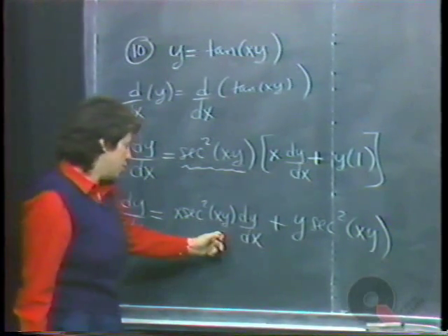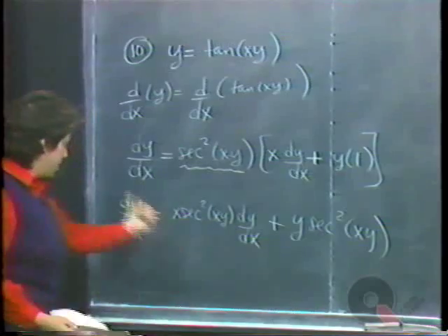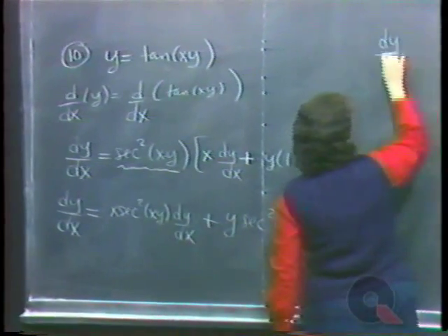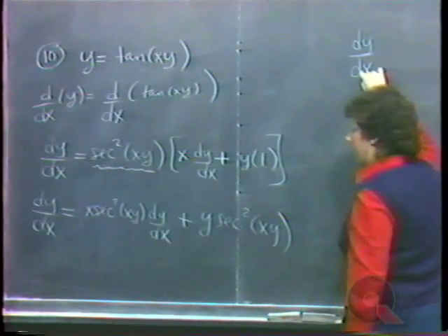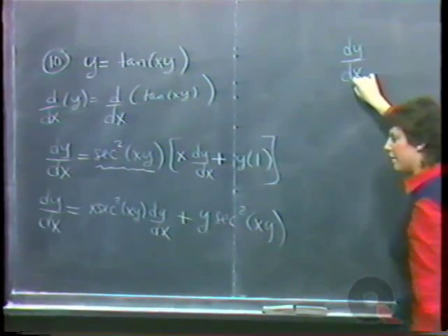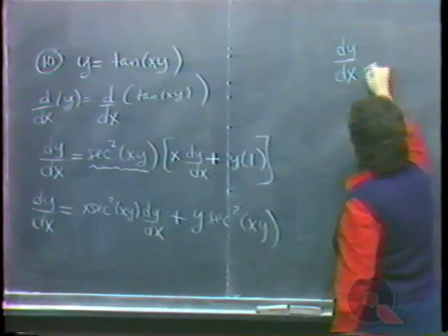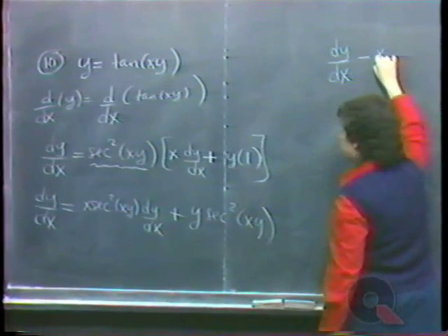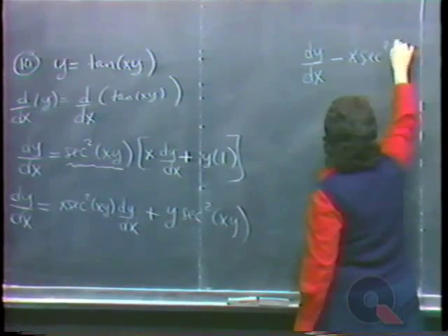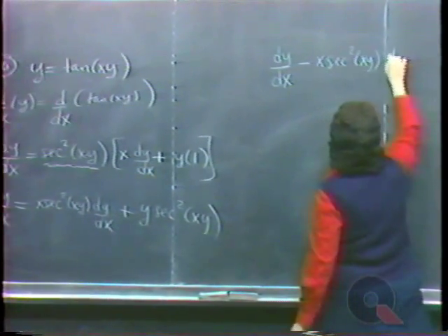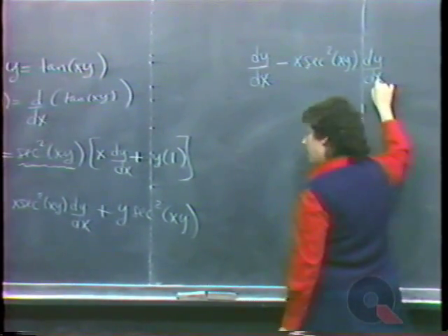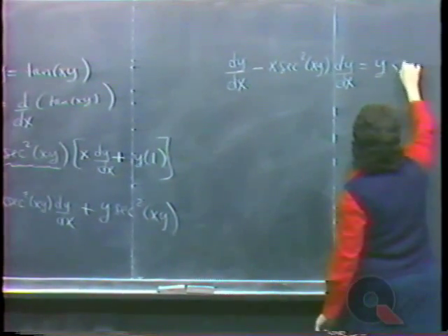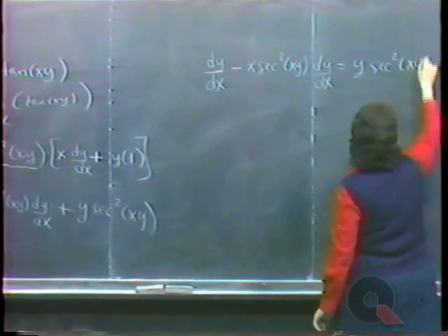So I'm going to subtract this term from both sides and bring it to the left. So we'll get dy dx, which was already on the left. Now, after we subtract the x secant squared xy dy dx, it appears on the other side with a minus sign. So minus x secant squared xy dy dx equals y secant squared xy.